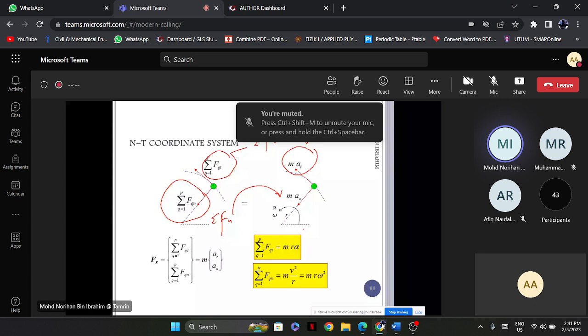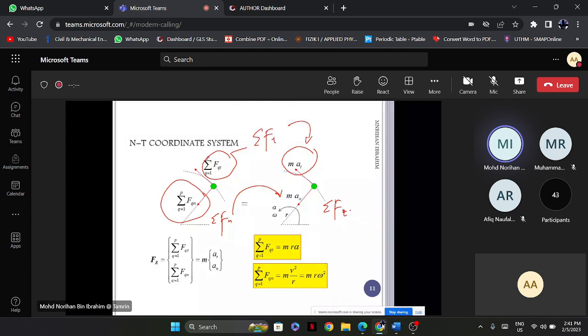Newton's law of motion. Sum of Ft is equal to mat, and we know that at itself is equal to r alpha.